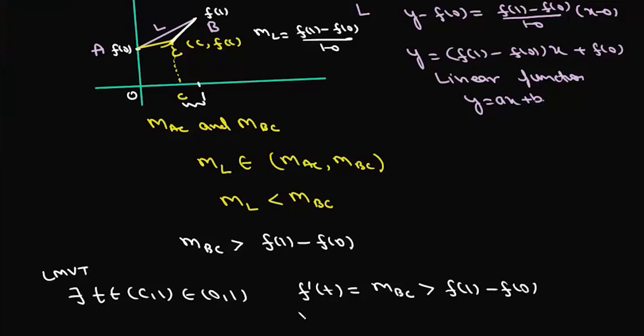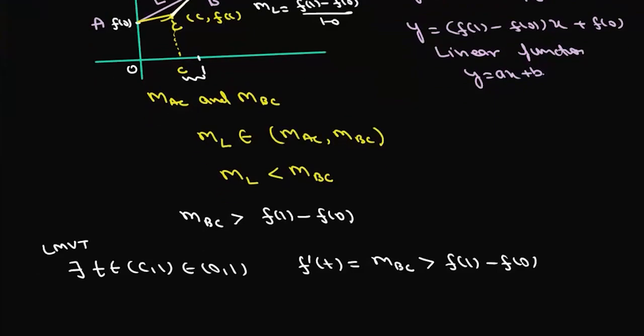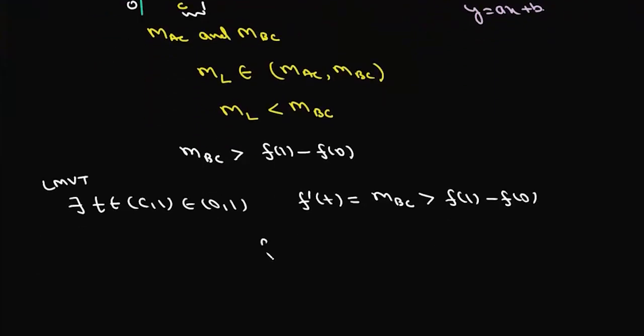So from here we can say there exists a point t in the interval 0 to 1 such that f dash t is greater than f1 minus f0.